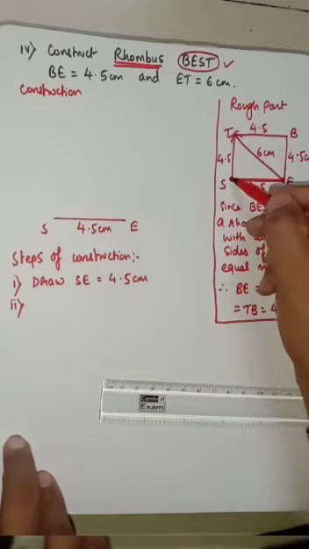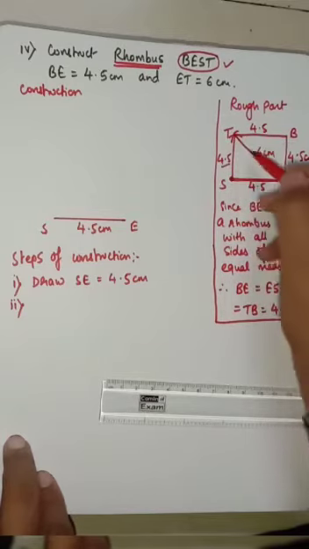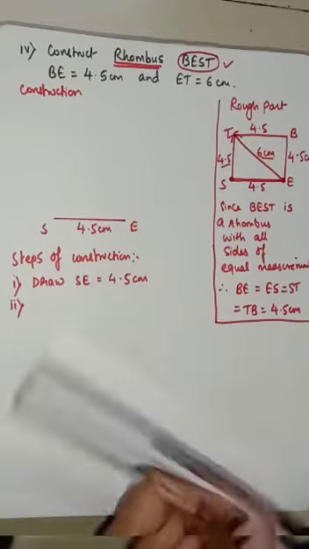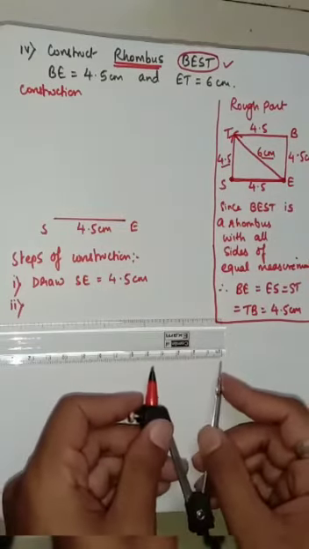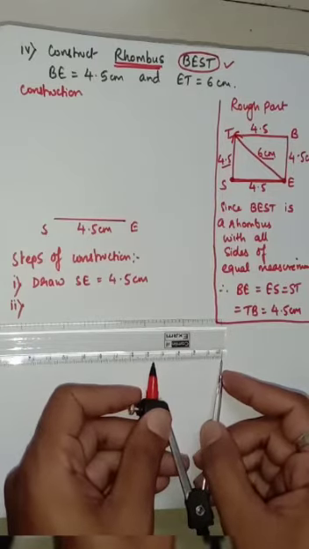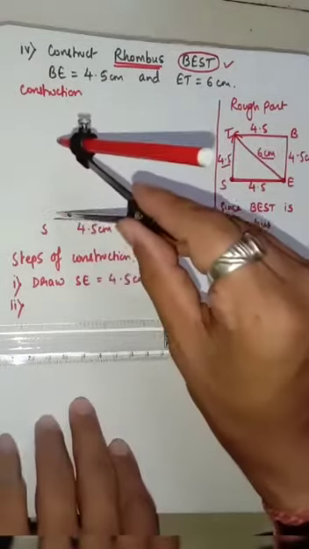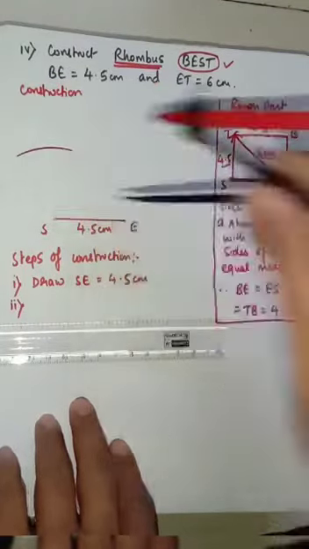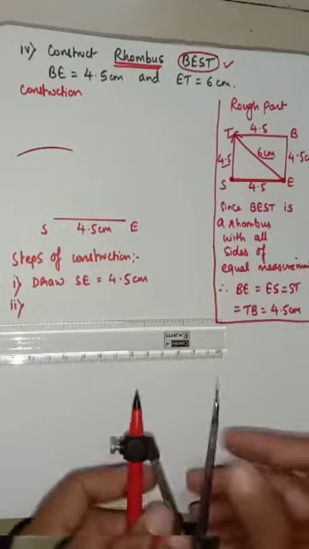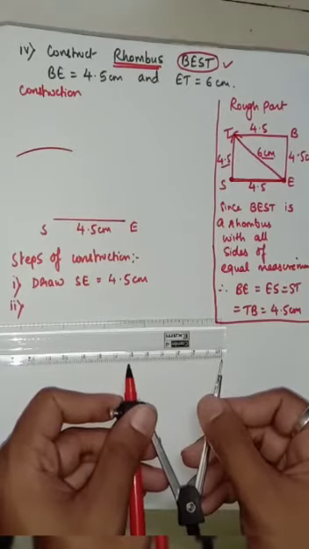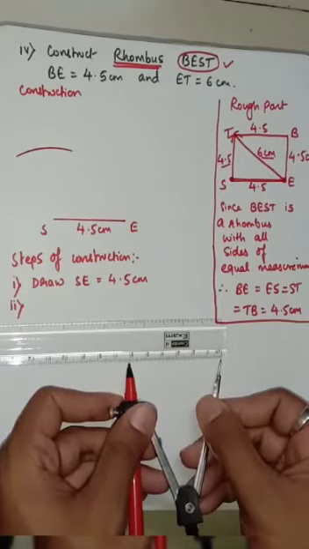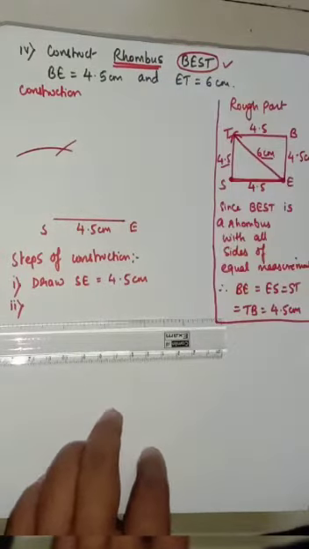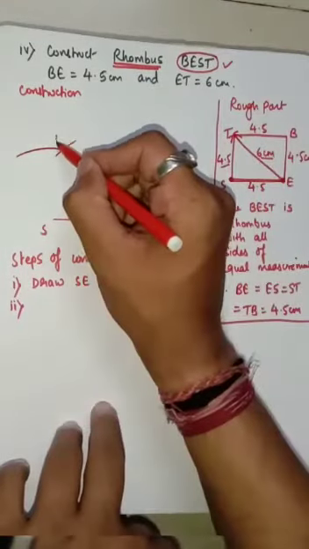From S an arc of 4.5 centimeter, from E an arc of 6 centimeter, and they will meet at T. So from S we will draw an arc of 4.5 centimeter using the compass. Then from E as center we will draw an arc of 6 centimeter, and the point of intersection will be named T.